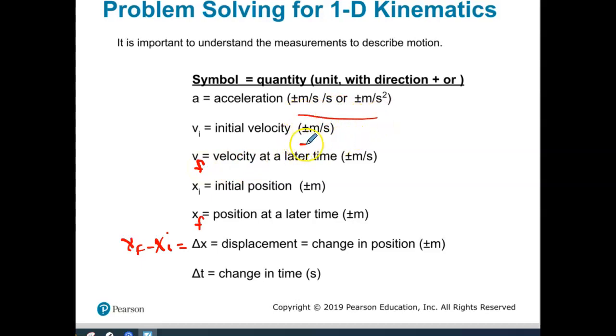The units are really important because they are helpful in describing the different types of measurement. So when you see a unit, it tells you information about, okay, is this a position, is it a time, is it a velocity, is it an acceleration. Remember, directions are just positive or negative. I missed out a negative sign there. So if you see a plus or minus, that's a direction associated with it. That's all it means.